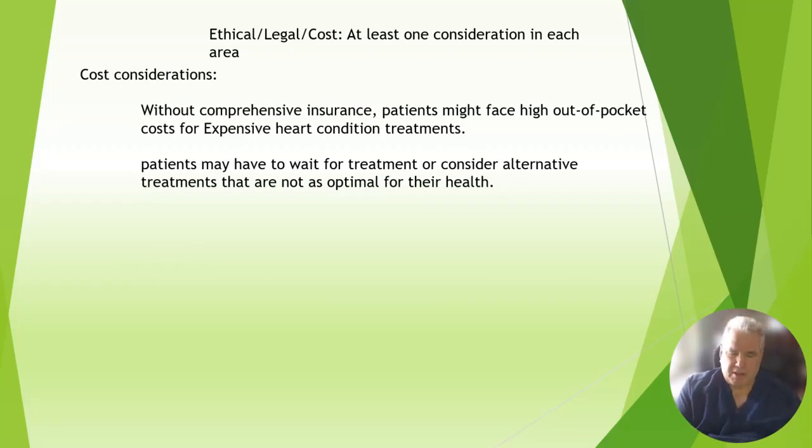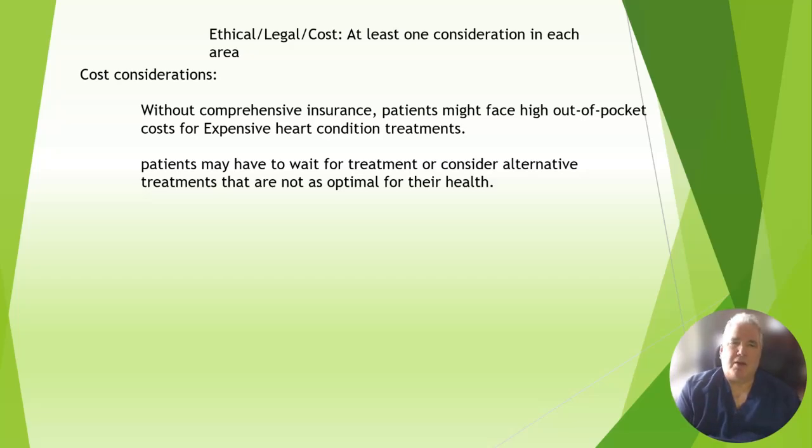The last and very important point of the three is cost. Cost considerations. One of the problems with the healthcare system right now is the exorbitant cost of getting treatment, and also getting health insurance companies to approve treatment that the patient wants and the doctor has recommended, but because of cost restrictions in the insurance program, they're not able to receive it.